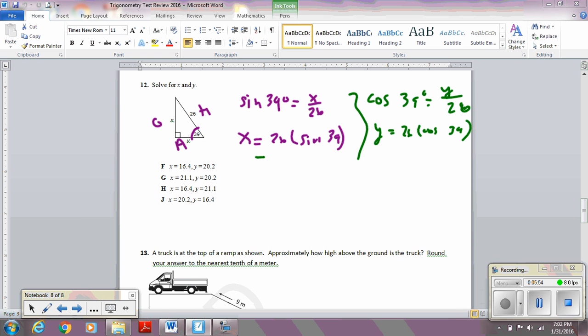Now in my calculator, I type in 26 times the sine of 39, and I get 16.7. I'm sorry, 16.4.